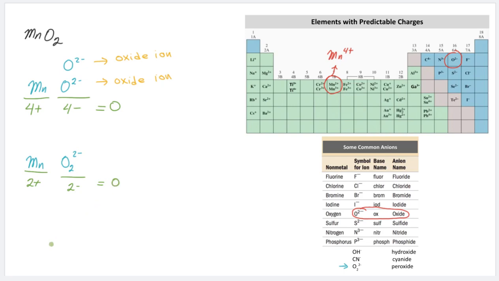Okay, so what does this mean? It looks like both cancel out, so both look like they are the correct answer, right? But it cannot be both. So in this case, this is a peroxide.